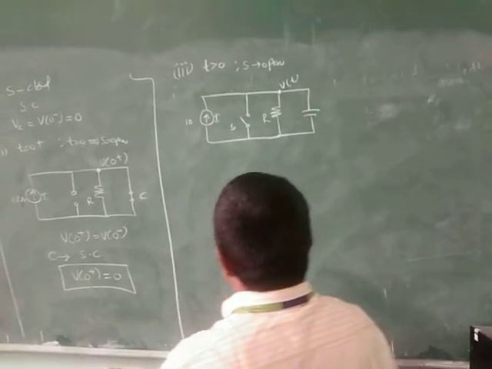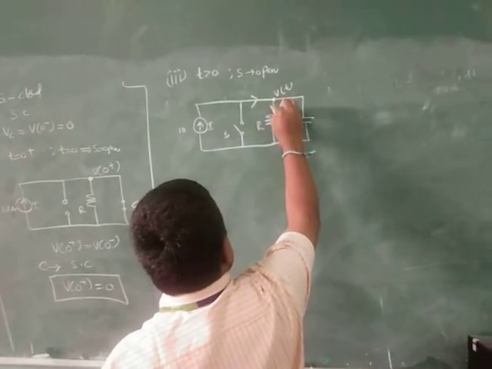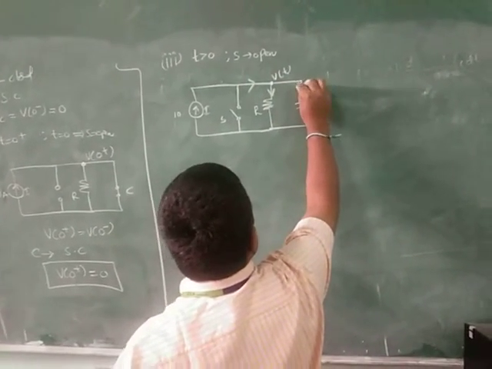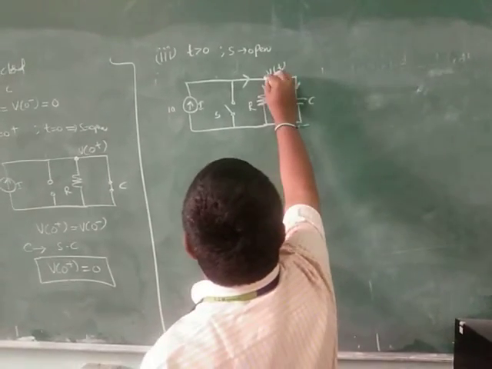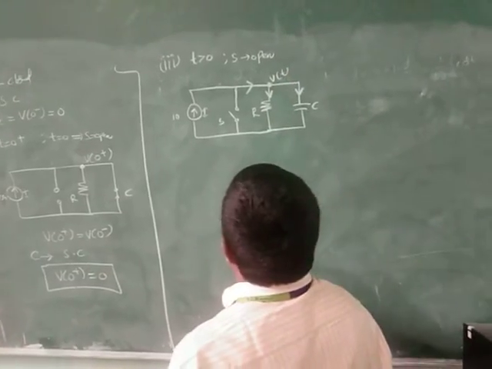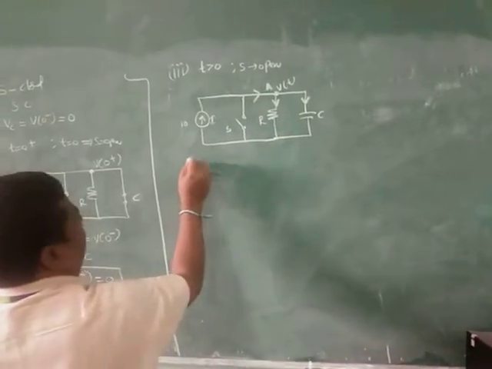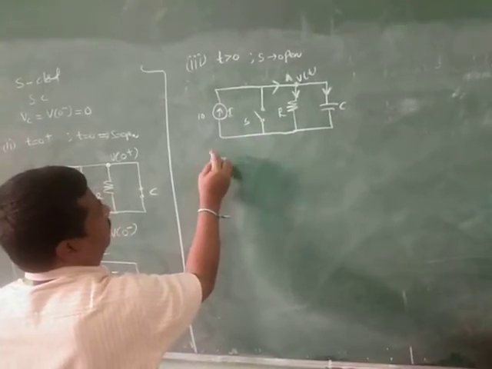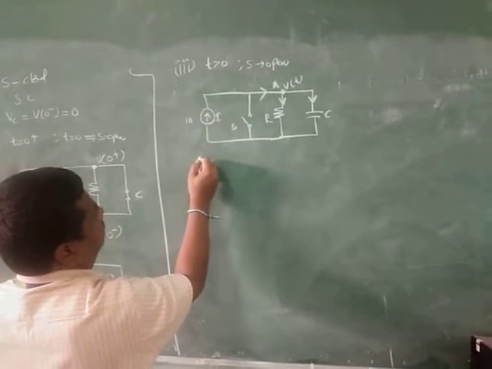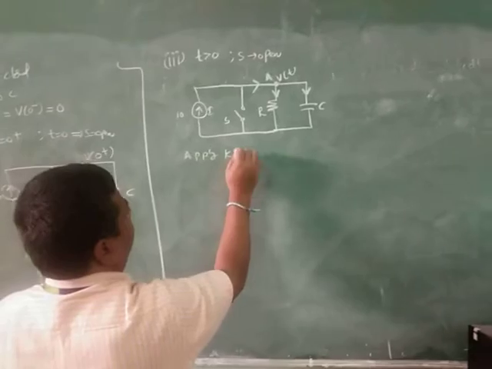Now observe here, this is the incoming current. The incoming current is divided into IR and IC. Apply KCL at this node, v(t). Suppose this point is A. If the elements are connected in parallel, try to apply KCL.